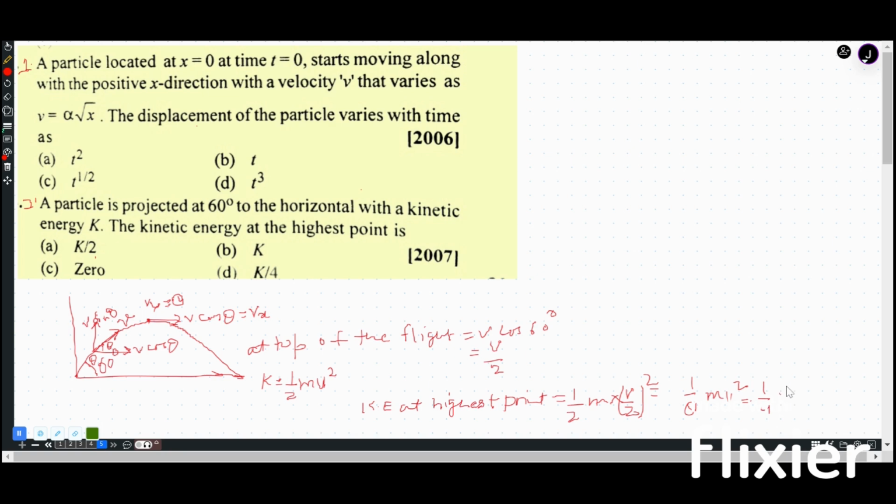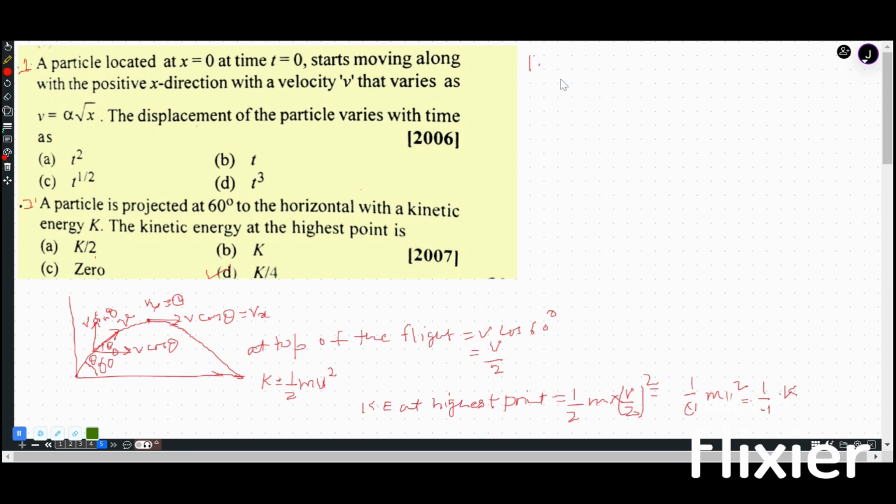In problem 1, we are seeing a particle located at x equal to 0 at time t equal to 0, which starts moving along the positive x direction with a velocity v that varies as v equals alpha root x, where alpha is some constant.